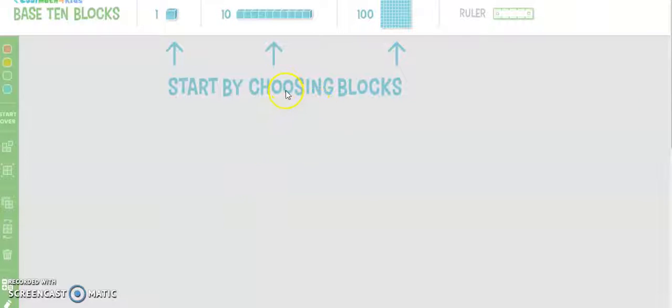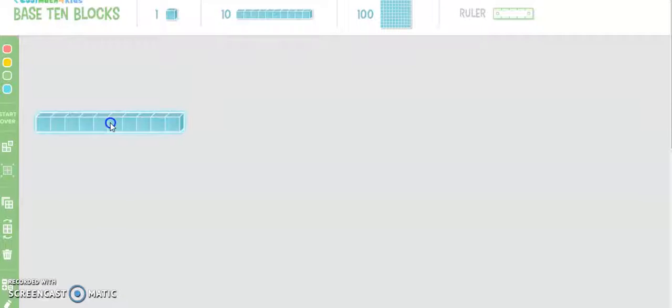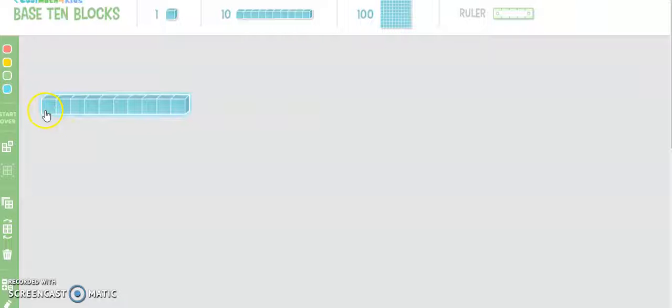Today we are going to review 10 blocks, okay? So, kind of like what we did with our 10 frames yesterday, our block of 10 has how many? Let's count them. 1, 2, 3, 4, 5, 6, 7, 8, 9, and 10.